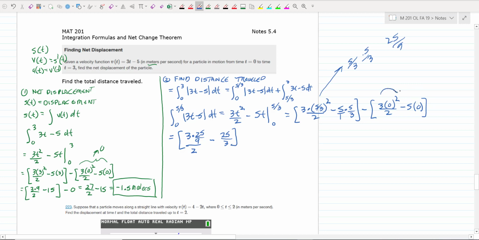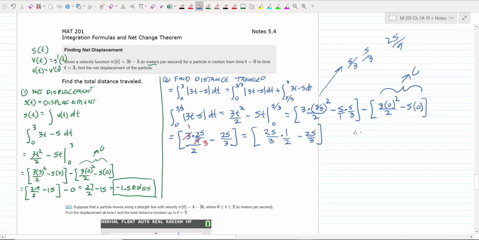You can tell in your head that all this stuff right here goes to 0, so you don't have to worry about that anymore. I'm going to reduce this fraction. 3/9 reduces to 1/3. So what I'll end up having is 25 over 3, and if you divide by 2, you're really multiplying by a half. So we'll have that, and then minus 25/3.